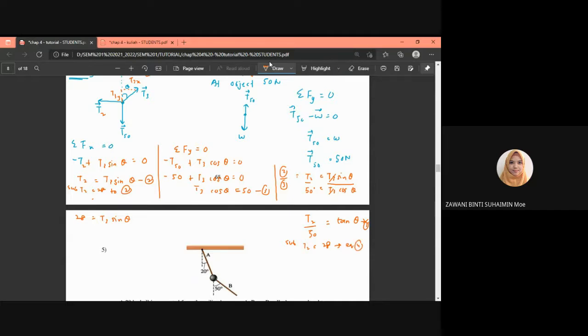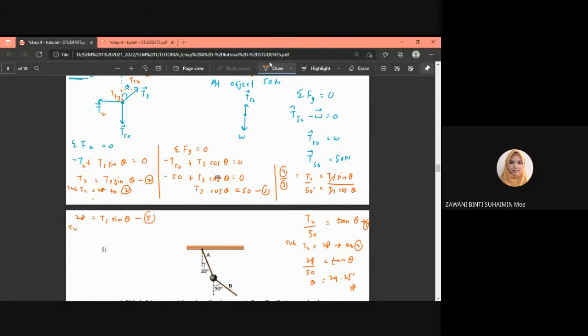So T2, we have 28 over 50 is equal to tan theta. Take tan inverse to get theta. So tan inverse gives theta equal to 29.25. That is our angle. Once we have the angle, then we substitute the angle into equation number 5.